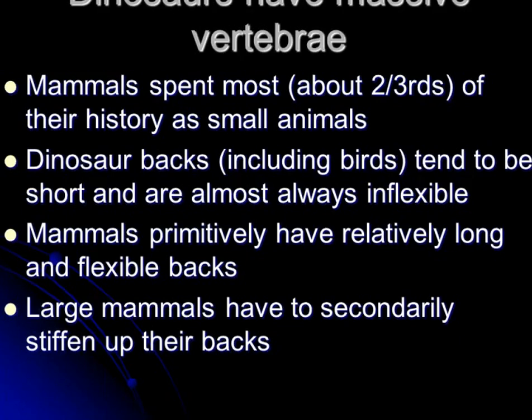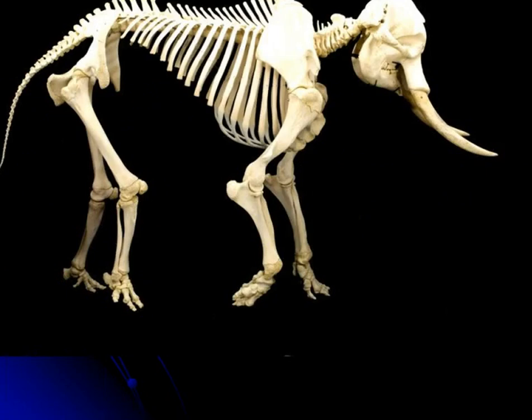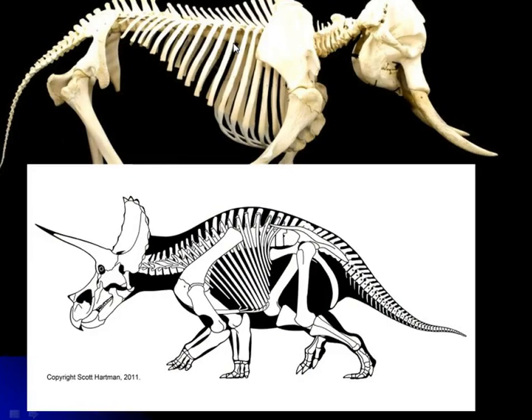Okay, so big mammals. There obviously are big mammals, and the funny thing is, if you look at an elephant back, even elephants that perform in the circus and rear up and stand on their hind legs, what you'll see is the back is now secondarily stiff. Even though it's not massive, they've had to go to a lot of trouble to make it not nearly as flexible as the primitive mammal condition.